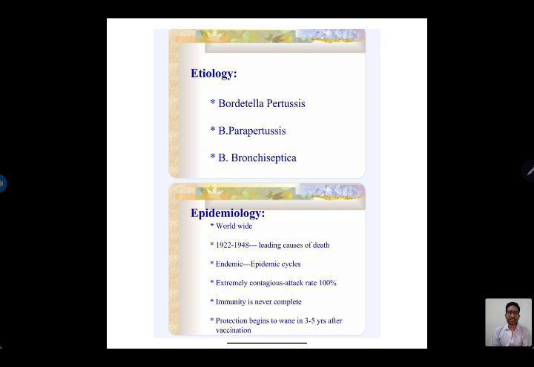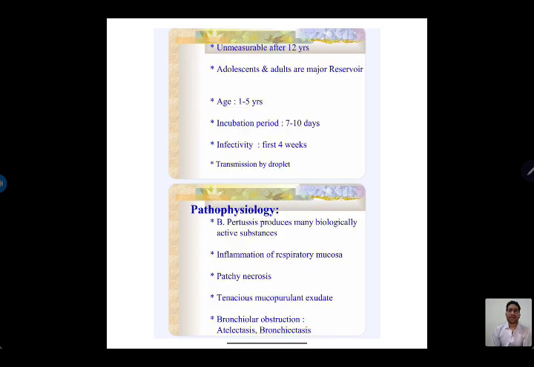Endemic with epidemic cycles. Extremely contagious, attack rate is 100%. Immunity is never complete. Protection begins to wane 3 to 5 years after vaccination, and is unmeasurable after 12 years. Adolescents and adults are the major reservoir.